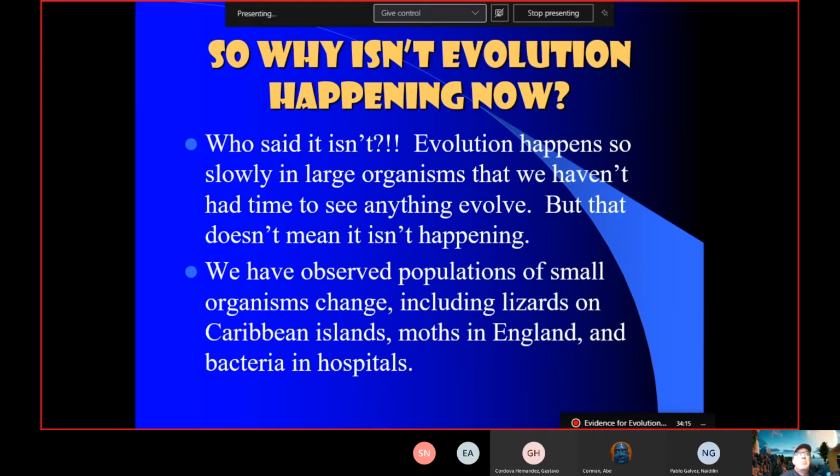We've seen some birds on the Galapagos Islands change surprisingly rapidly when they're challenged by like a drought. They have evolved to survive with less water pretty quickly. So we have seen creatures changing over time. We have observed evolution. Let's look at some of these examples more closely.